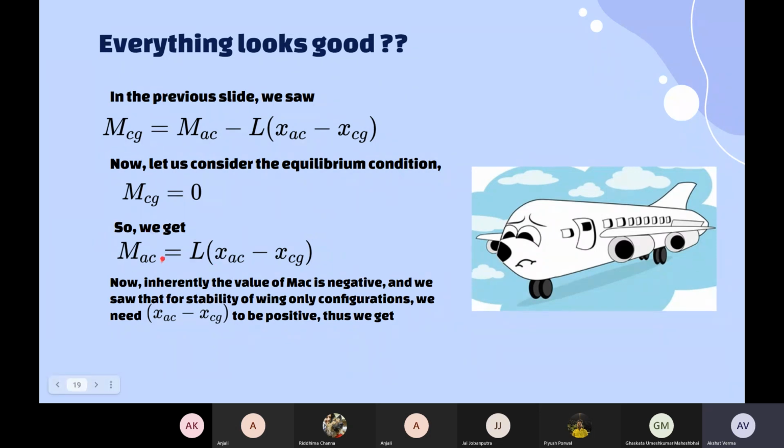This is a negative quantity, this is a positive quantity, and this is the lift. What will be the issue that this aircraft will face at the equilibrium position, considering the wing only configuration? Can you infer from this equation what the issue will be for such an aircraft which just has a wing? Yeah, can anybody tell that?